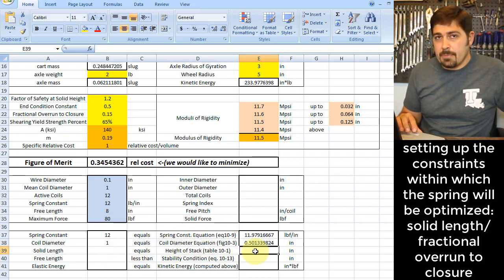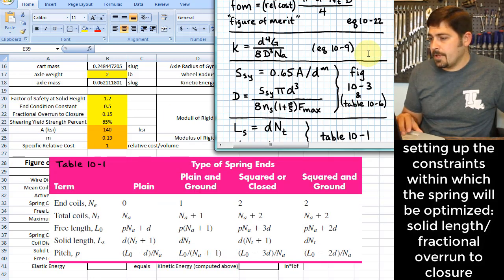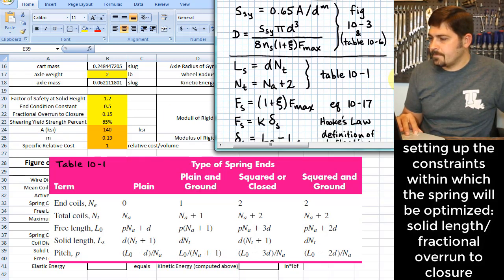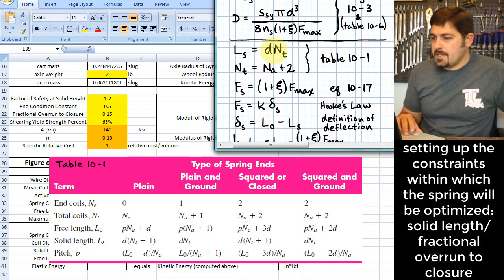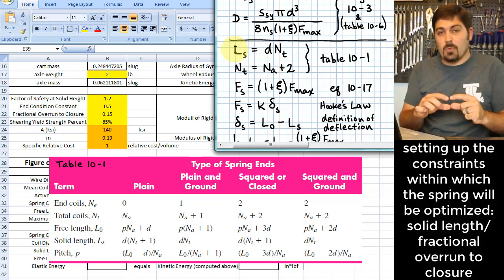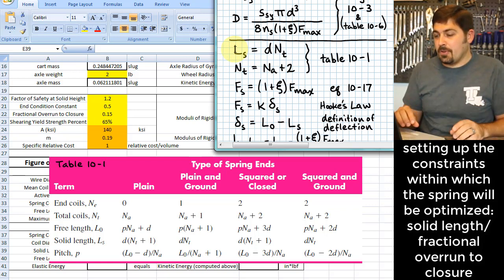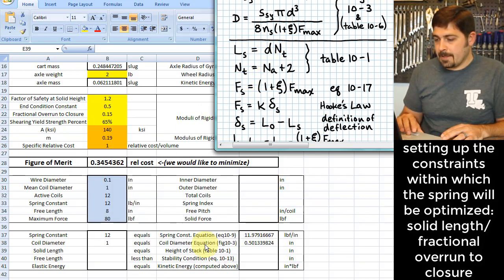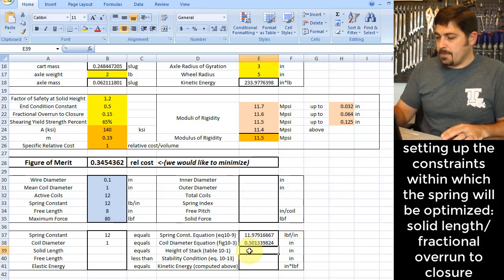The first way comes from table 10.1, and so we can look that up over here. Basically what this does is it figures out what the height of the stack of the wire is when it's closed all the way. Okay, and you just take the diameter of the wire times the total number of coils.